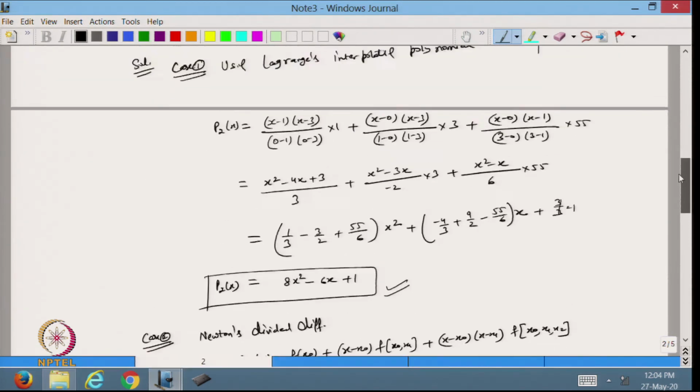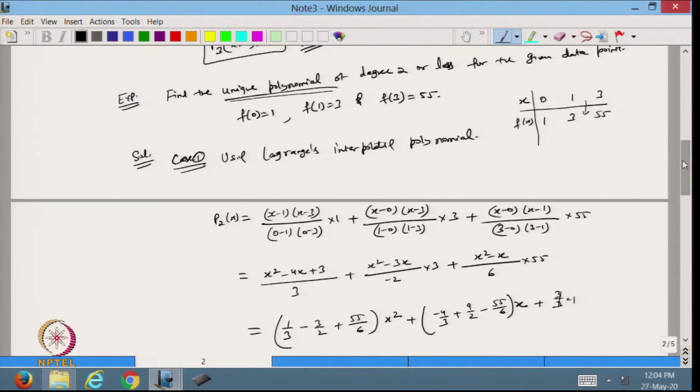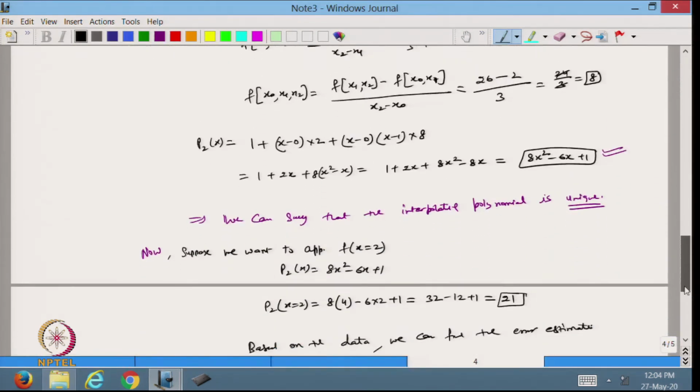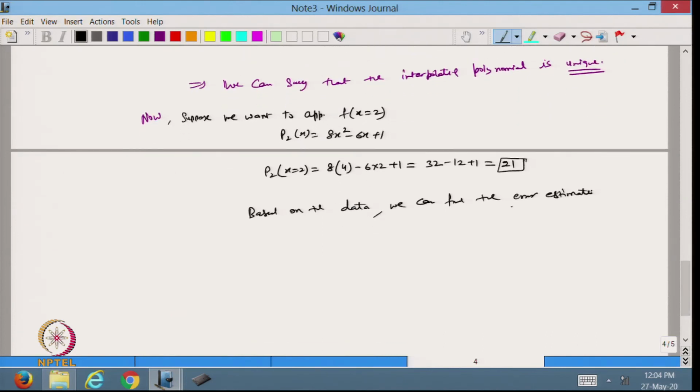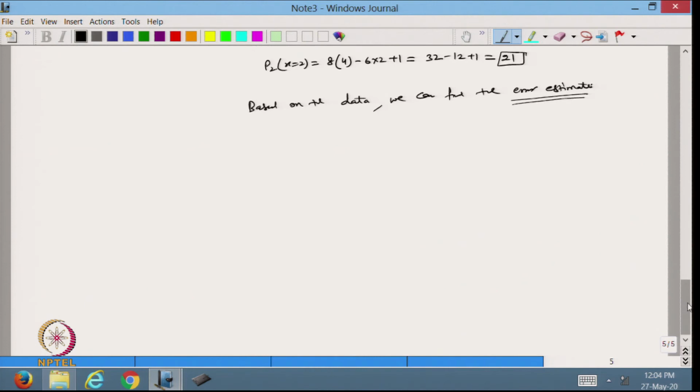But the only thing is that I need to know the function represented by these values. If I know the function, then I should be able to get the error, that is, how much error there is. Here f(0) is 1, f(1) is 3, f(3) is 55. So only if the function is known to us are we able to find the error estimate. So this is all about this type of data.